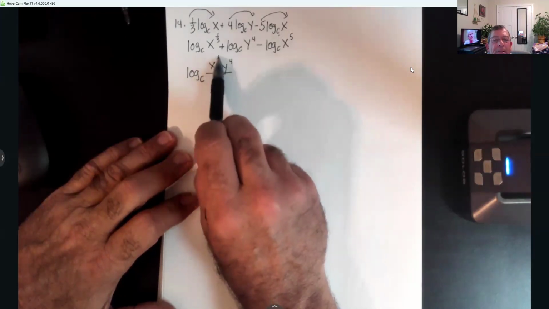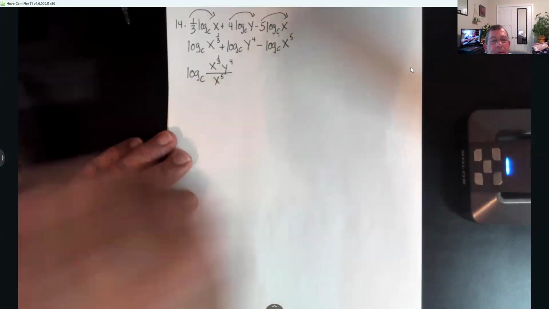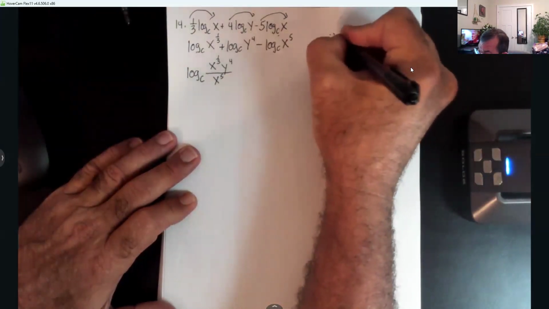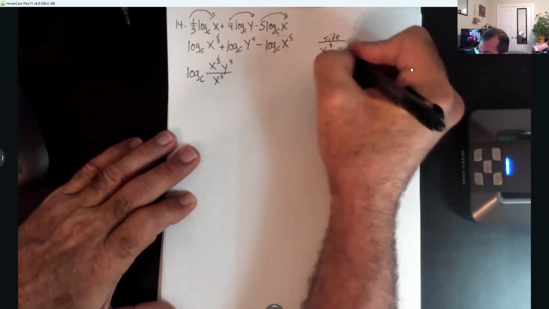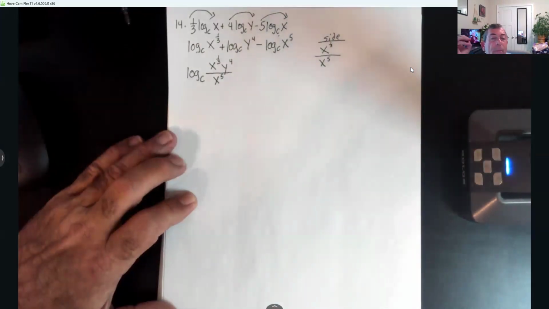So if you got an x to the 1/3 over an x to the 5th, we got to take care of that, right? So here on the side, I got an x to the 1/3 on top and an x to the 5th on bottom.